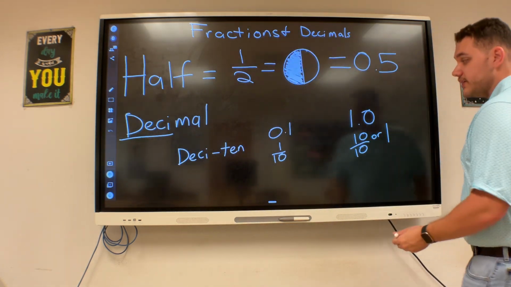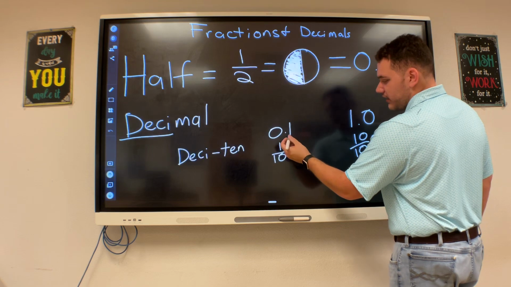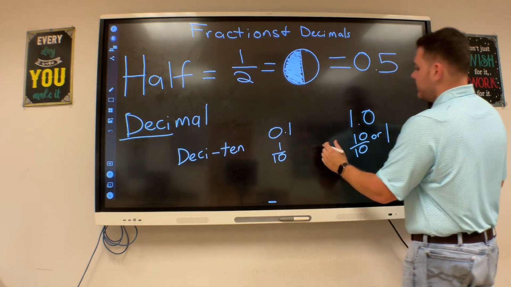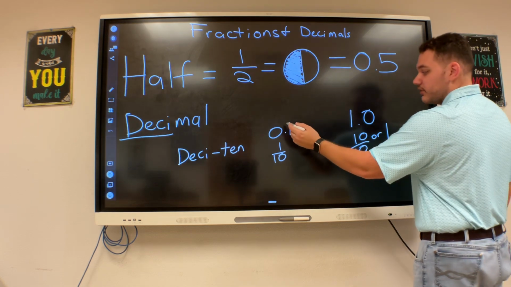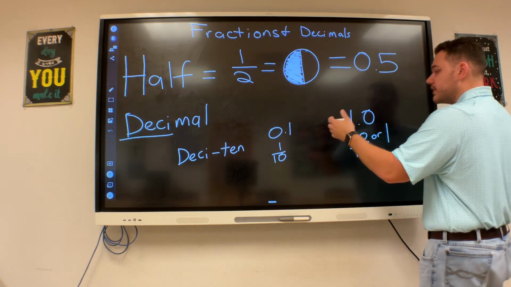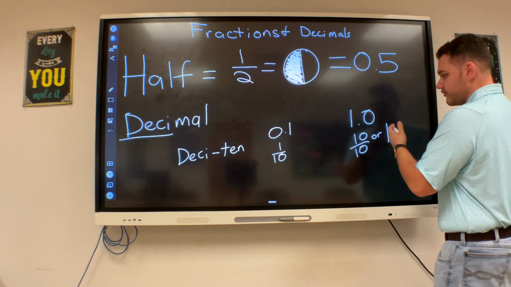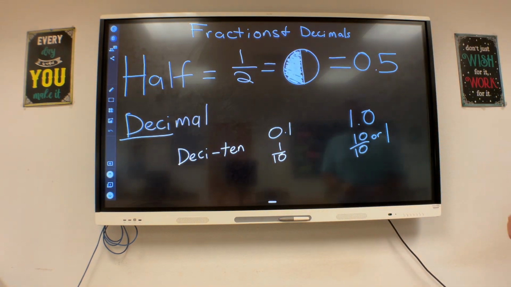And that's pretty much it. 0.1 is another way of saying 1/10. If we did 0.2, it would be 2/10, all the way up to 1.0, which would be 10/10, or just 1. So like I said, it's just another way to express a part of a whole number.